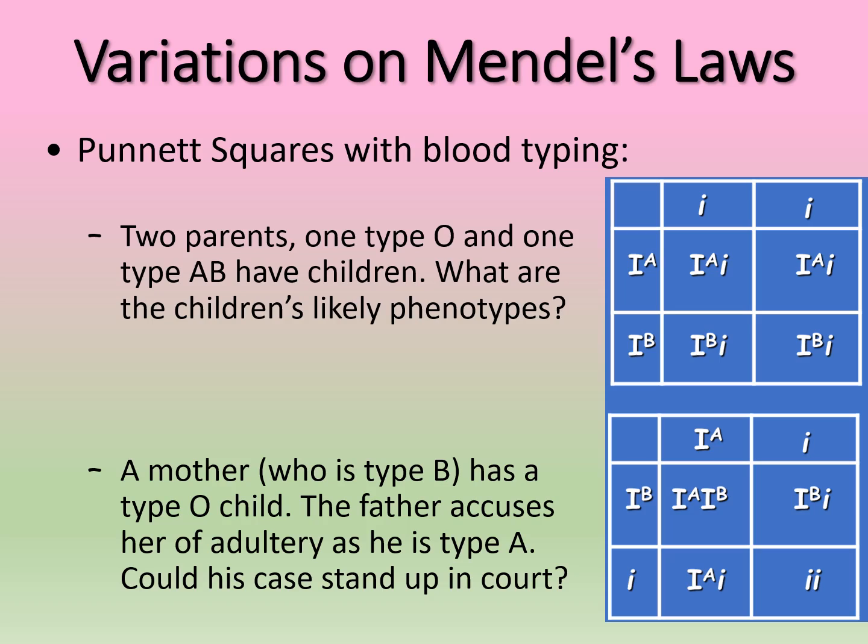So that means that all their children are either going to be heterozygote type A or heterozygote type B. So again, if we're talking just about phenotypes, 50% of their children will have type A blood, 50% of their children will have type B blood, right?